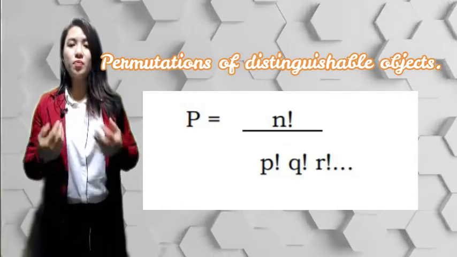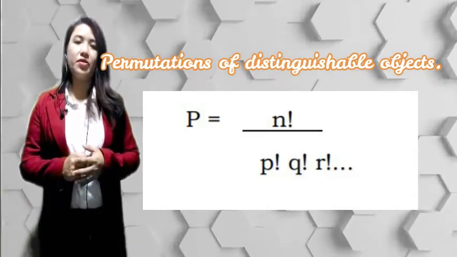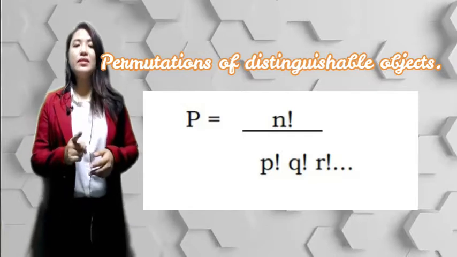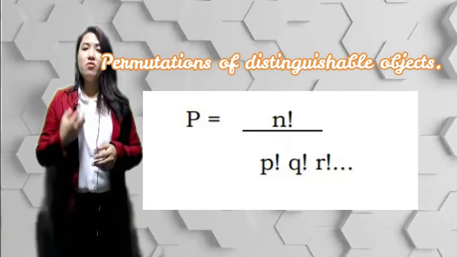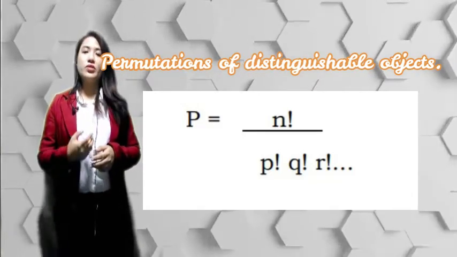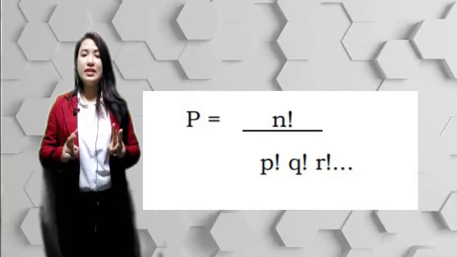Now what do those p, q, r stand for? Those depend on the number of characters or figures that are being repeated in a set. Since in the word mathematics we got 3 characters that are being repeated, you will be taking the frequency of each letter, then take note how many times those repeated letters came out.